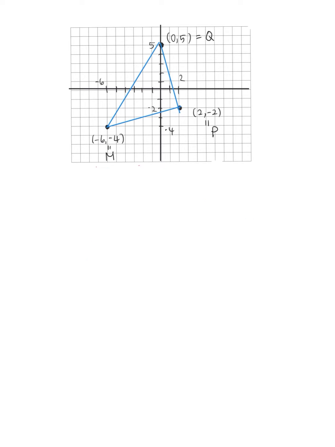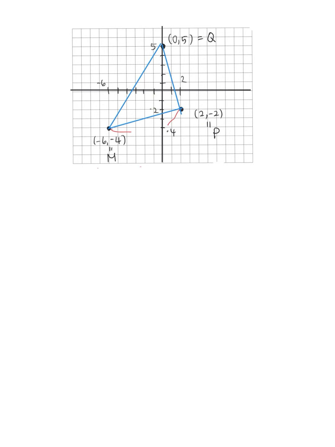Okay, I just copy and pasted the graph here. So what we just discovered is this: the length from here to here is 2 square root of 17, 2 times the square root of 17. All right, next let's go with the distance between P and Q. So let's call that the length B. So B is the distance between point P and point Q. So again, I'm going to write down the formula, the square root of (x2 minus x1) squared plus (y2 minus y1) squared.